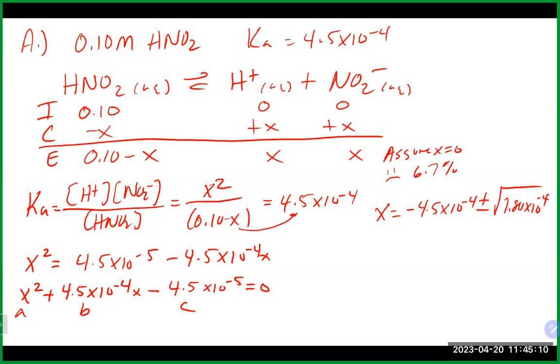And then if we do a little square root action on it, going to give us like 1.34 times 10 to the minus 2. That is all going to be divided by 2 times 1, which is 2 in this case. Going the adding way, negative 4.5 times 10 to the minus 4 plus our 1.34 times 10 to the minus 2, divided by 2, going to get us an x value here of 6.48 times 10 to the minus 3.